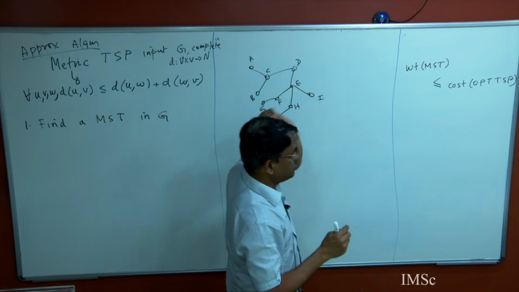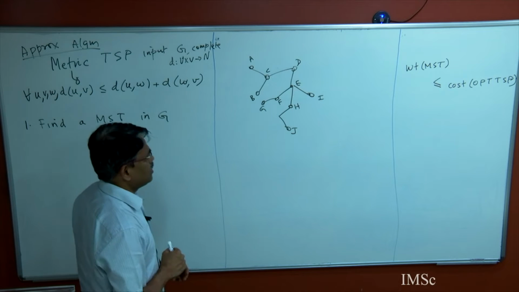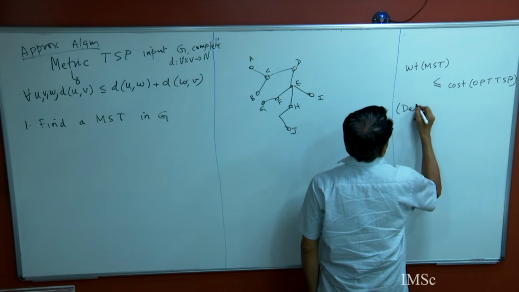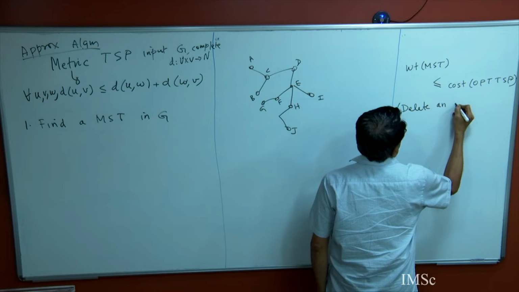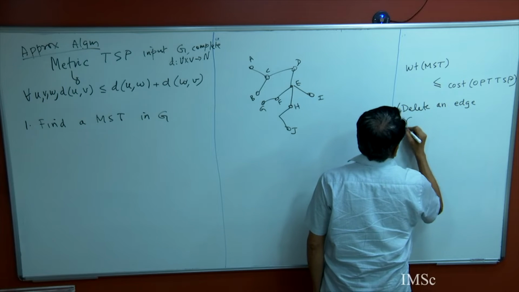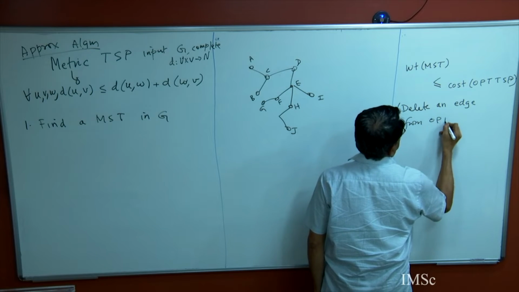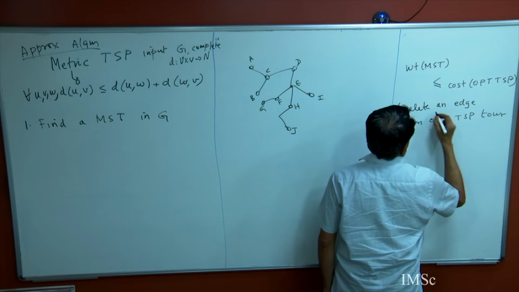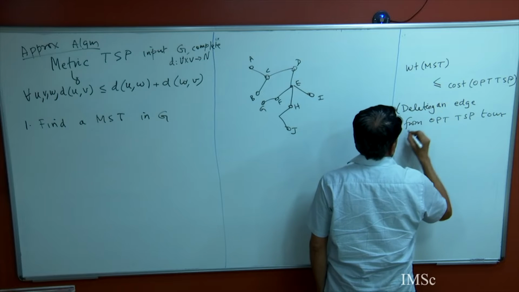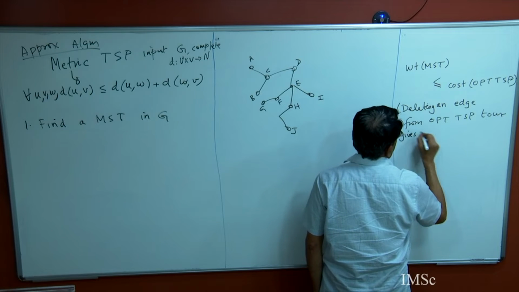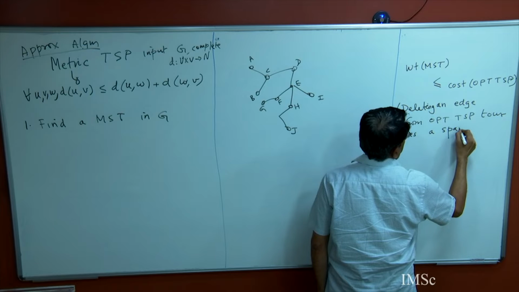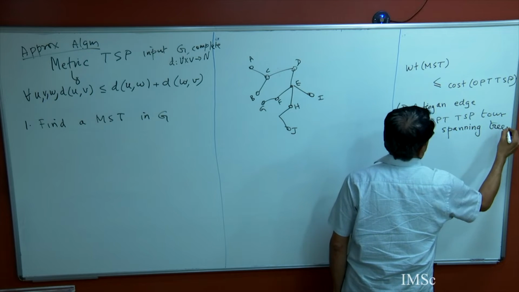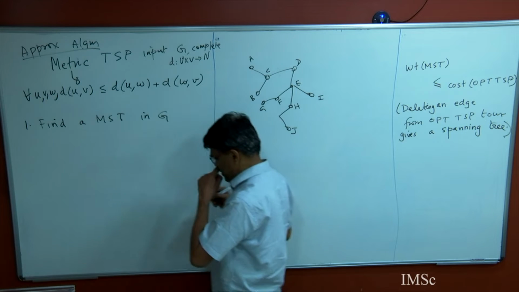This will be useful, we'll come back to that. Deleting an edge from opt TSP gives a spanning tree. That's the argument.